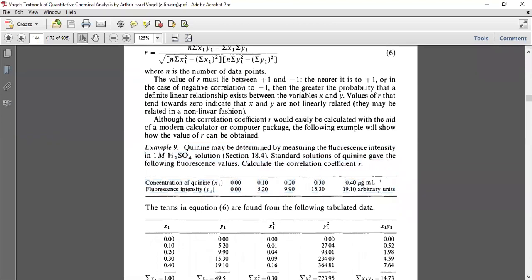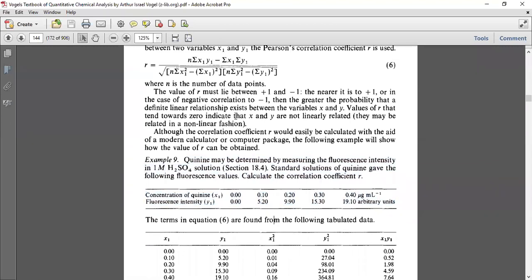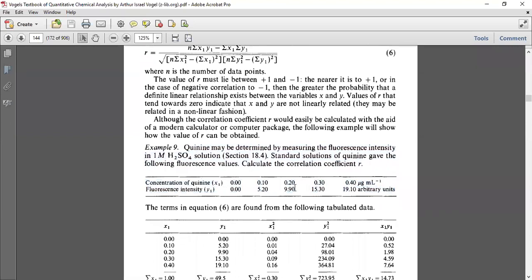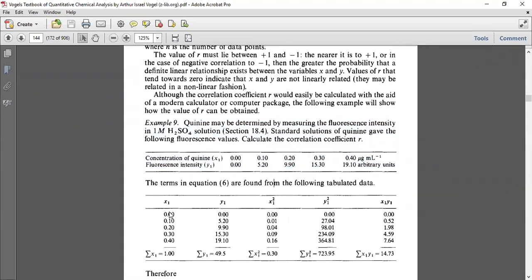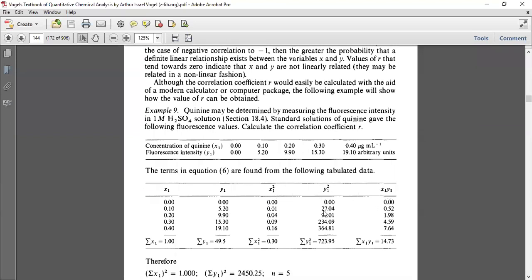Then how will you calculate the R value? You have to arrange this data in a particular table. We should know the table for this. We find X1, Y1, X1 square, Y1 square, and X1 Y1. Here the concentration of quinine is X1, our x-axis.